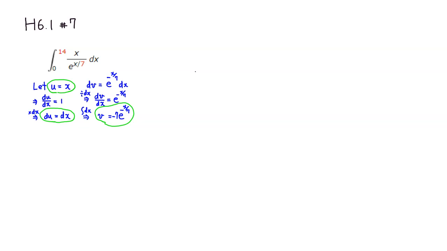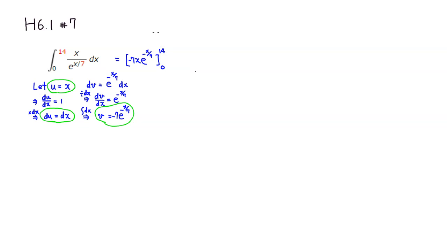This is going to be equal to uv. We have x here, and there's a negative 7, so negative 7 e to the negative x over 7, going from 0 to 14.